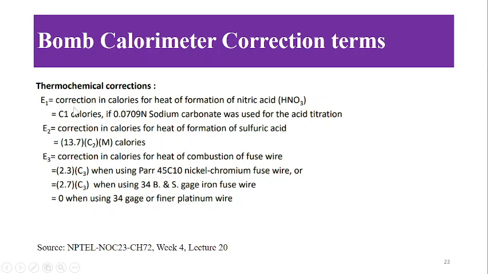So this is the correction term for nitric acid. Then for the correction in calories for the heat of formation of sulfuric acid, this is the formula given. And for combustion of fuse wire, how much of the fuse wire is consumed in the combustion of the fuel matters, and if different materials are used, then different correction terms are given here.